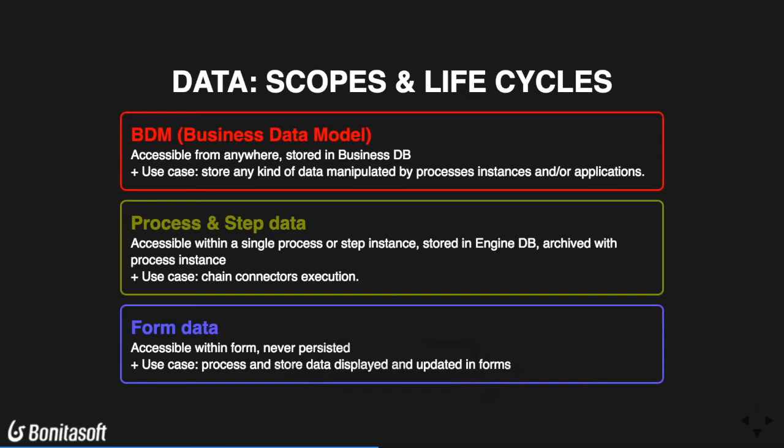So you will be able to design objects, create relationships between those objects. Each object will have attributes and so on. And this data model will be stored in its own database schema, what we call the business database.